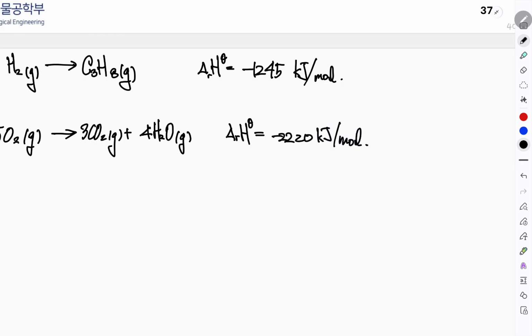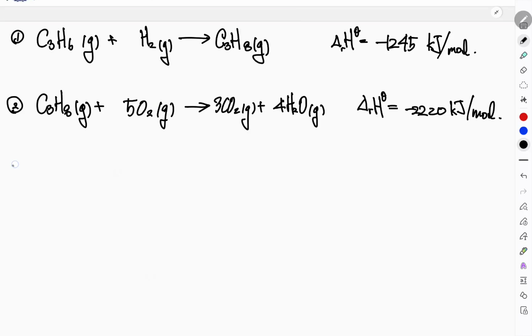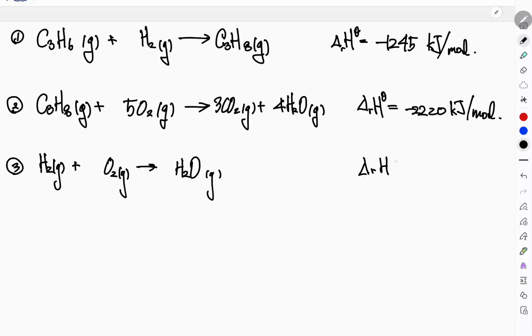This is propane, and if we do oxidation, we are going to need oxygen gas. For the complete oxidation, the products will be carbon dioxide gas and liquid water. We need to calculate the stoichiometric coefficients.